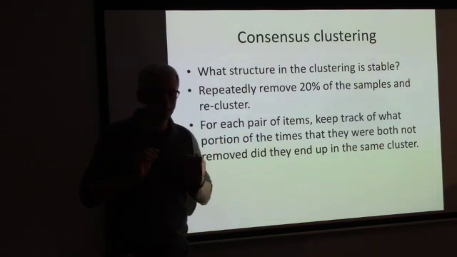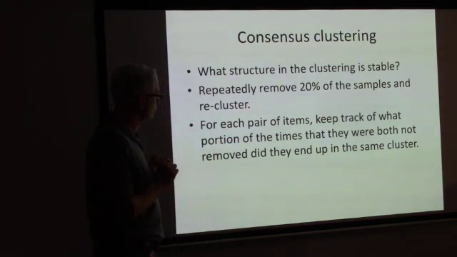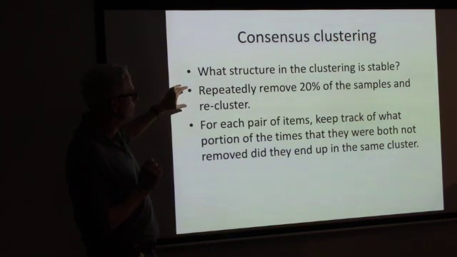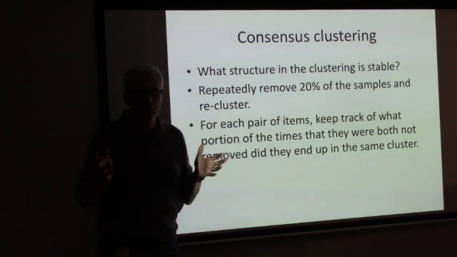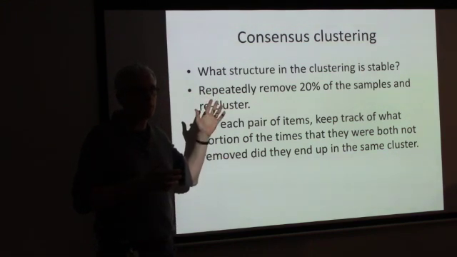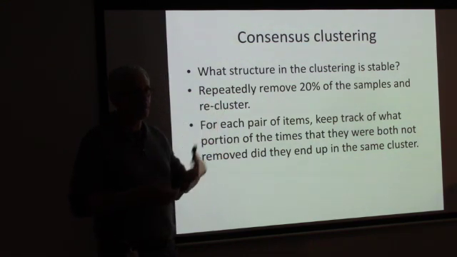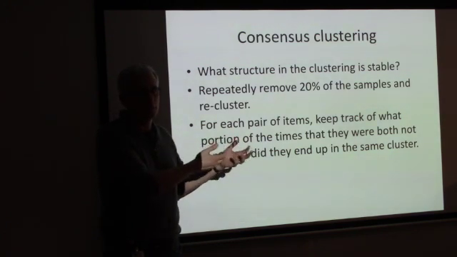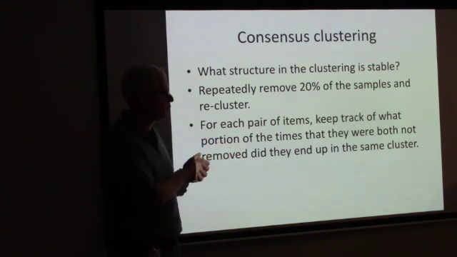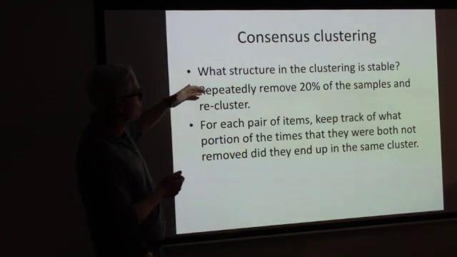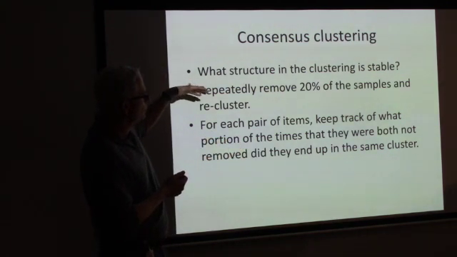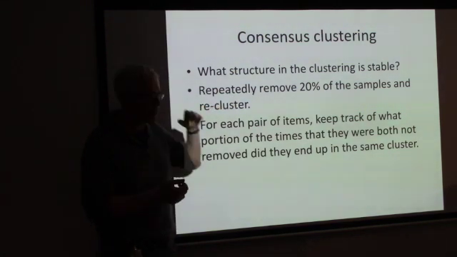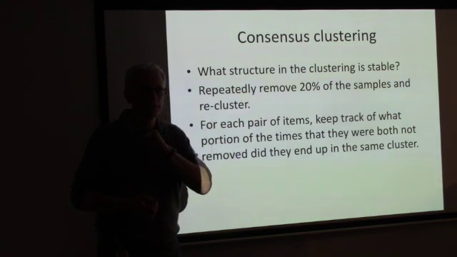Oh, okay, I forgot to say something. What you do here is you pick a number of clusters. Remember before we were talking about k-means, where I told it I think there are 3 clusters here. Now, find me 3 clusters and tell me which samples are in the 3 clusters. So here, you remove your 20%, and let's go with 2 clusters.